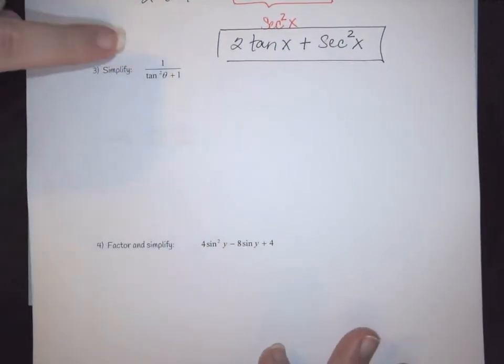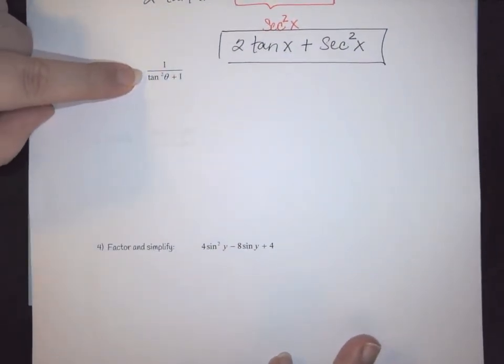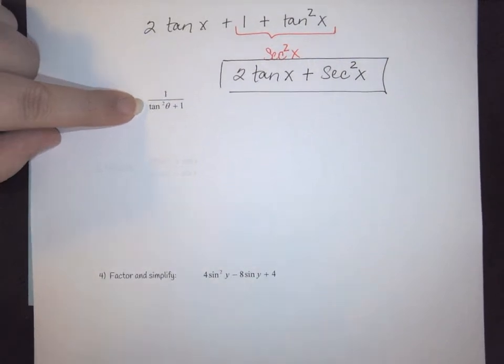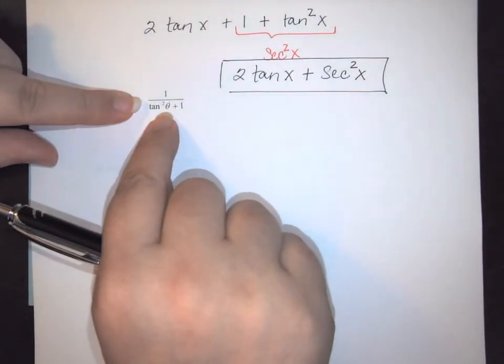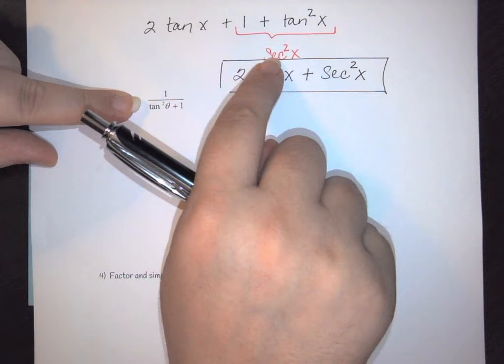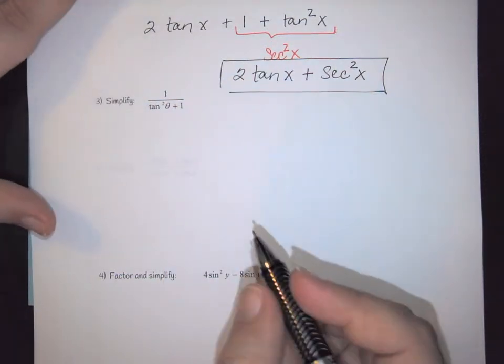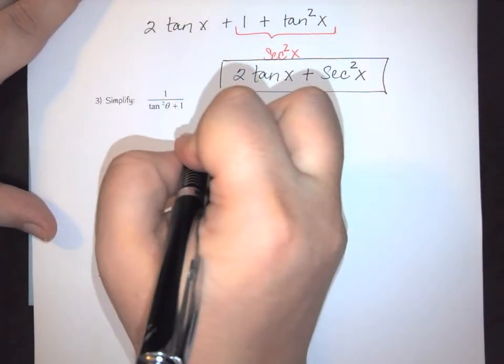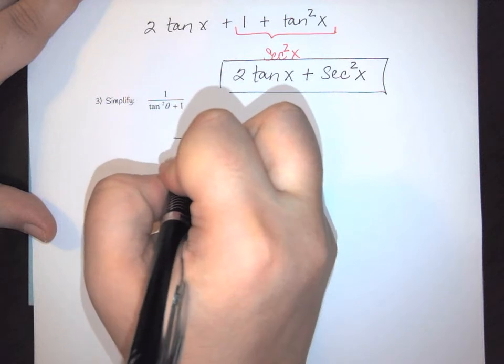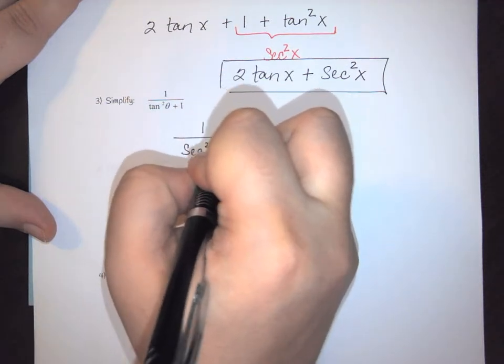Okay, let's do it again. I have 1 over tangent squared of theta plus 1. Well, we just did that. 1 plus the tangent squared of theta, we just set up here, was the same as secant squared. So here, this is going to become 1 over secant squared of theta.